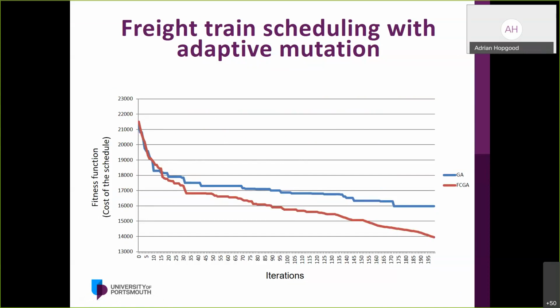So it rapidly improves those schedules, lowers the cost of those schedules through the blue line. But when we introduce our fuzzy logic controlled genetic algorithm, which is the red line, you see we get to a better, lower cost solution more rapidly in fewer iterations. So there's I think a good example of using one technique, fuzzy logic, to adjust the parameters of another.